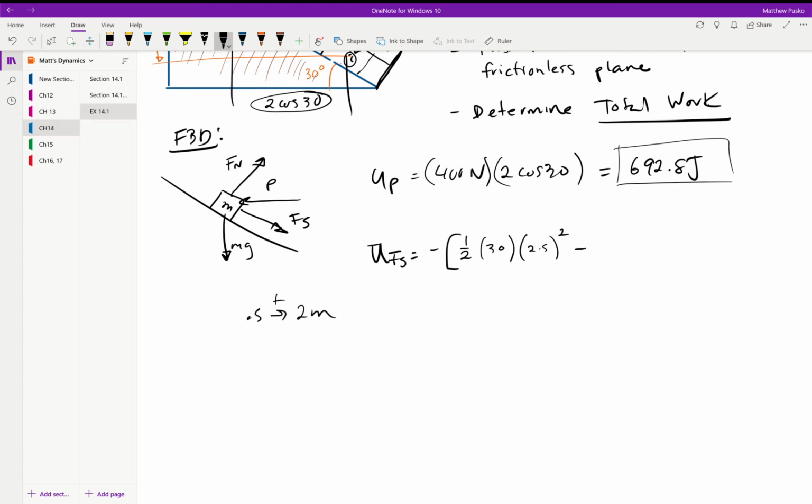Don't forget to square it. We have a minus sign with another 1/2 times 30, and then our initial position, which is 0.5, our initial stretch. Alright, crank the handle on that. You see we get a negative 90 joules.